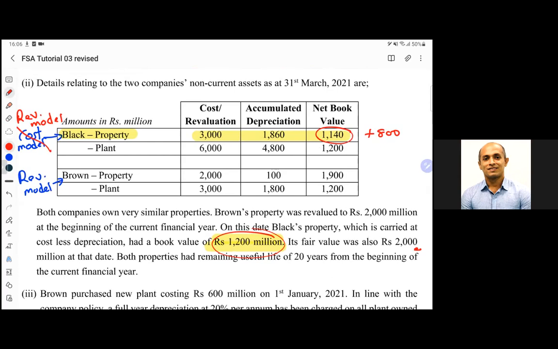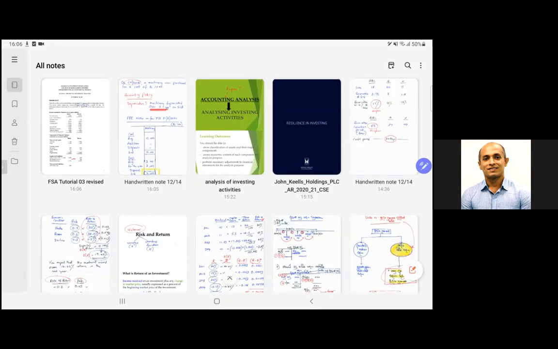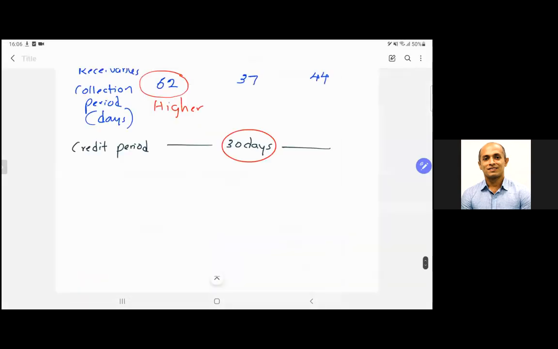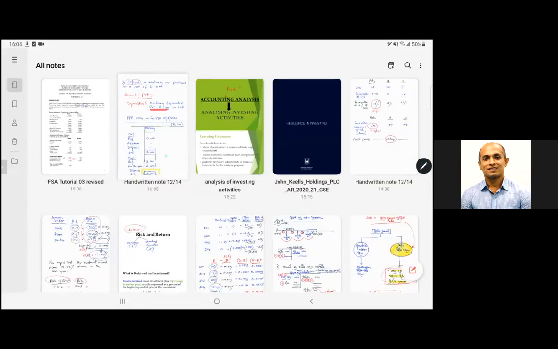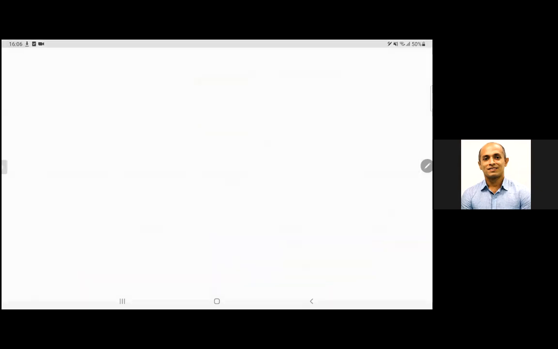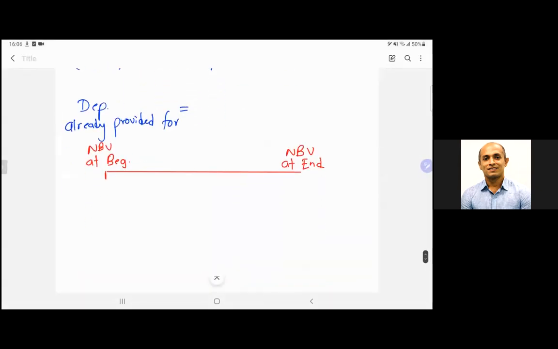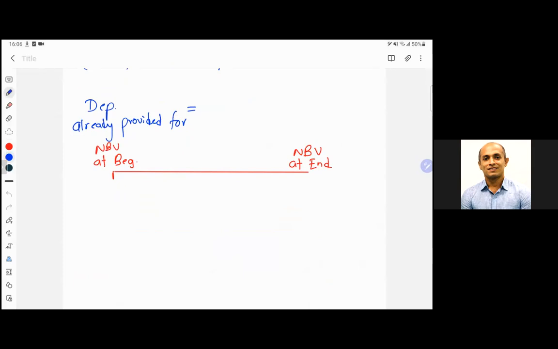Net book value of the property at the end, 1140. So beginning net book value 1200, net book value at the end 1140. The difference is depreciation, because the question doesn't say any additions, any disposal.